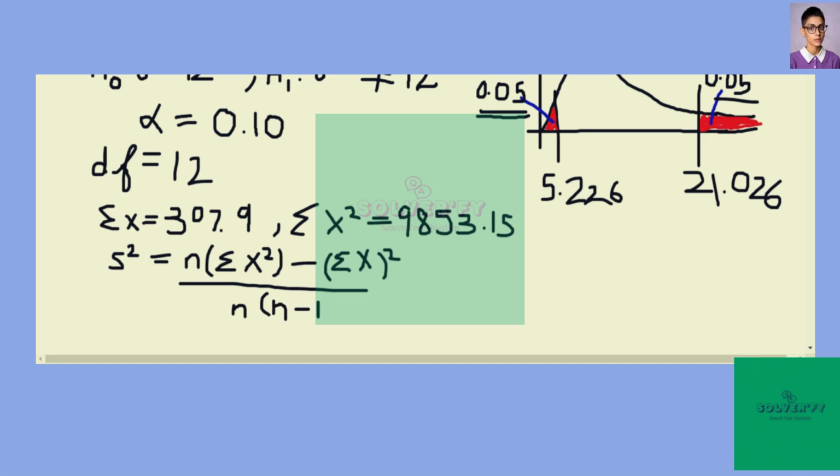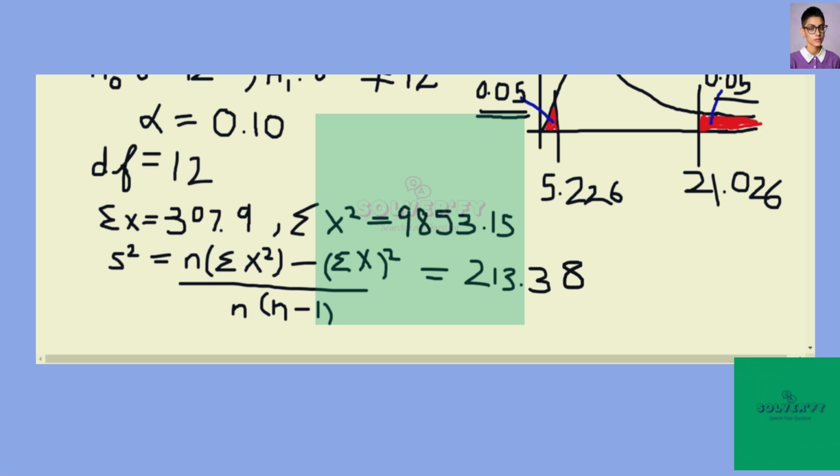After putting values and computing, this is equal to 213.388. So this is our sample variance.